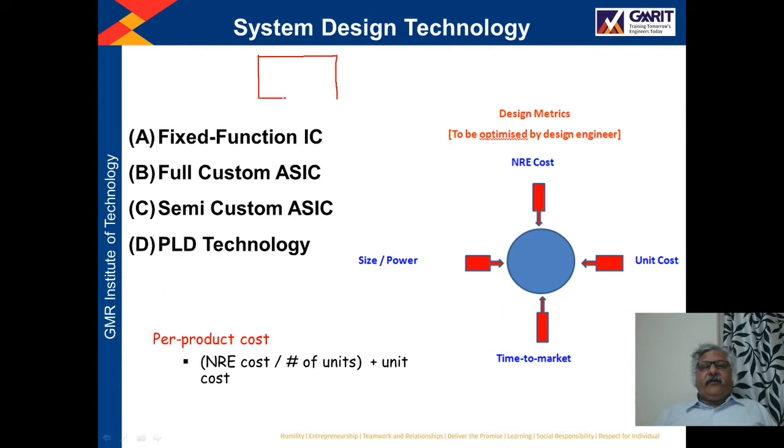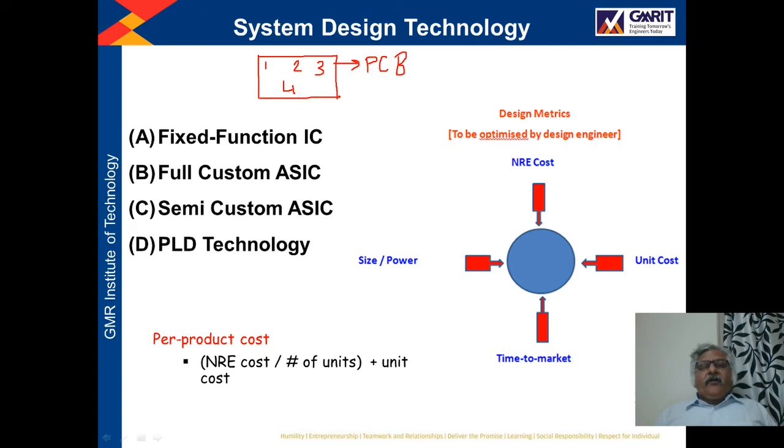This is the PCB, printed circuit board. Over this PCB, let us assume four components are mounted. One, two, three, four. So this is one unit.